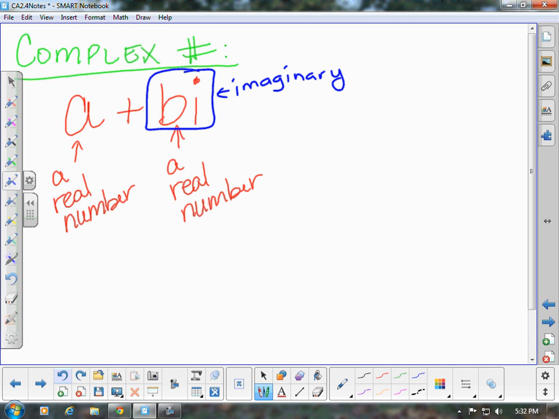And every real number can be written as a complex number as well, because like the number 5, if you were to write it as a complex number, would be 5 plus 0i. Why you would want to write it that way is beyond me, but it is an option. Another example of a complex number would be something like 3 plus 2i.